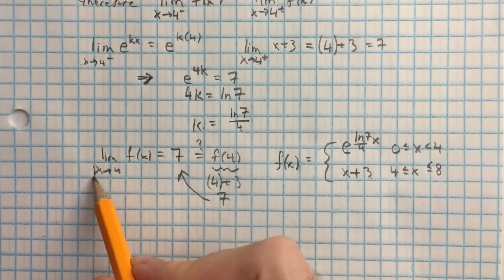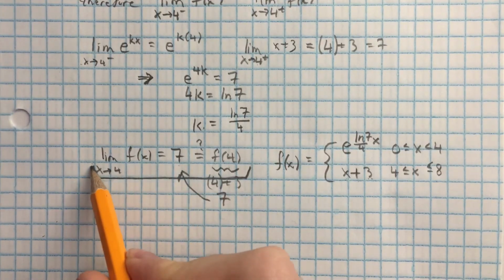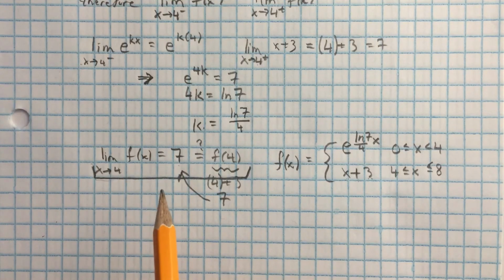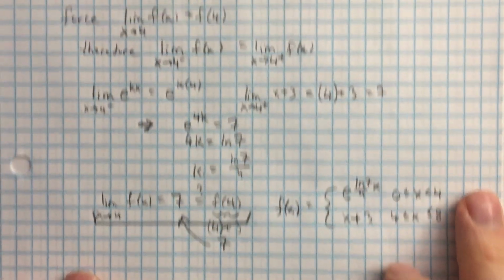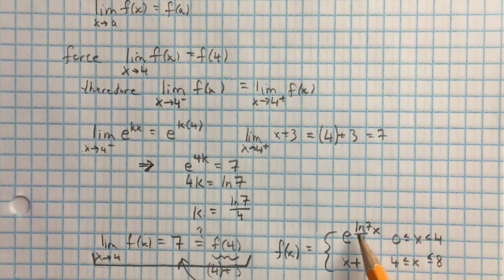So therefore, this has satisfied the definition of continuity at the location 4, since that was the only place we were concerned about, because again, that's where the function changed abruptly from one type of curve to another type of curve.